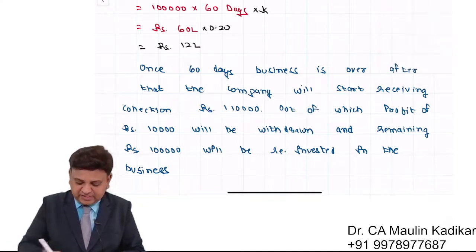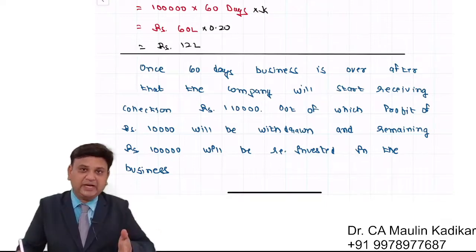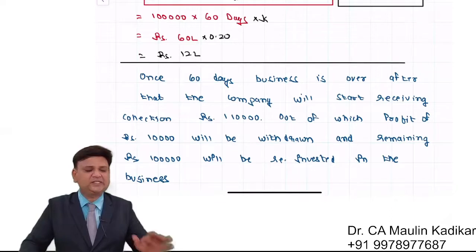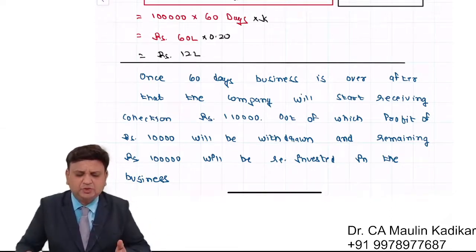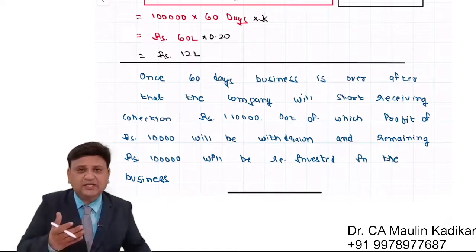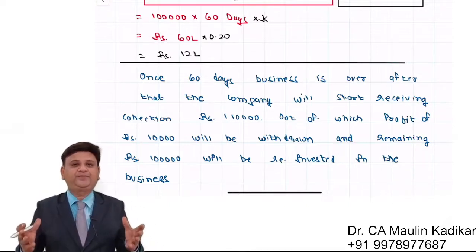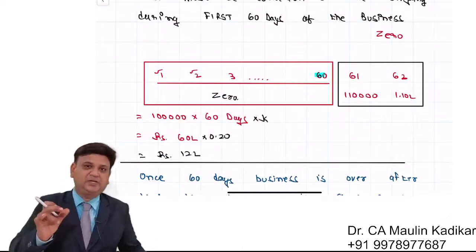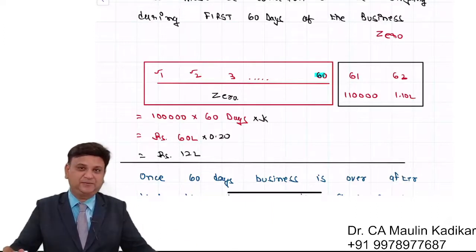So you have an opportunity cost of rupees 12 lakhs. That is the carrying cost, and that is the minimum profit that you should be able to generate from the business. Only in that case is doing this business justified. This is the interpretation of the carrying cost which we compute like this.